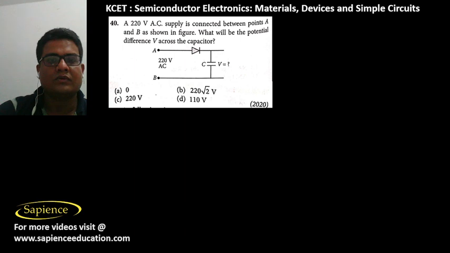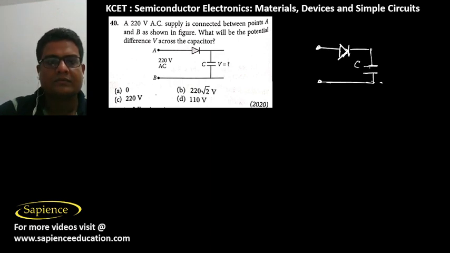This PN junction diode is forward biased here, so it will conduct, and the capacitor will become fully charged after some time, instantaneously.